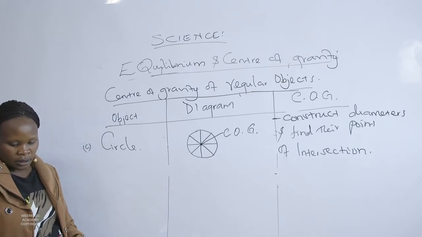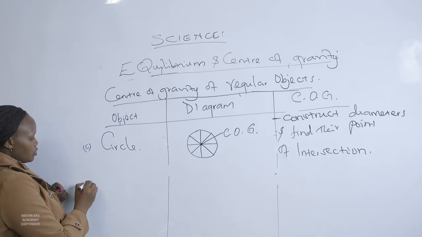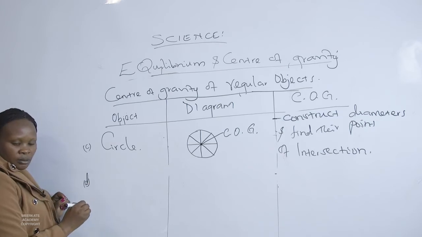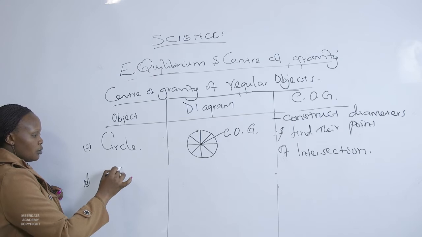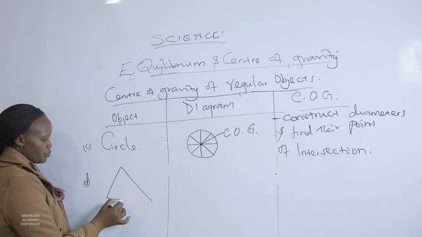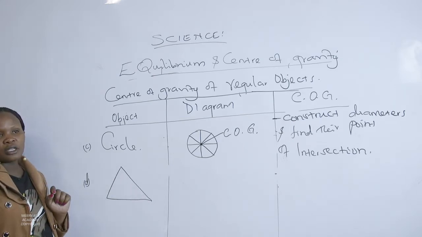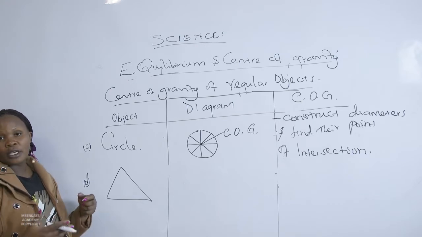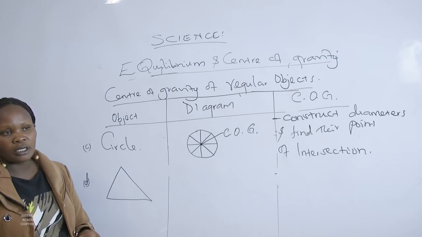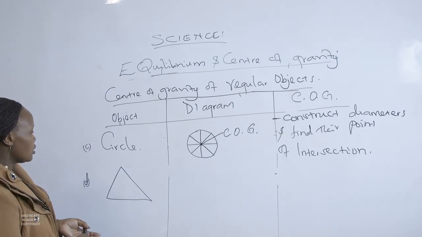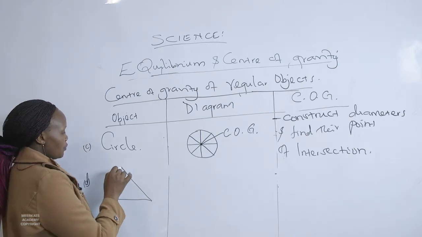Lastly, let me consider another one. There are so many we cannot exhaust them, but we should consider a triangle. Let us note that here we are talking about any triangle, be it equilateral, isosceles, or whichever.